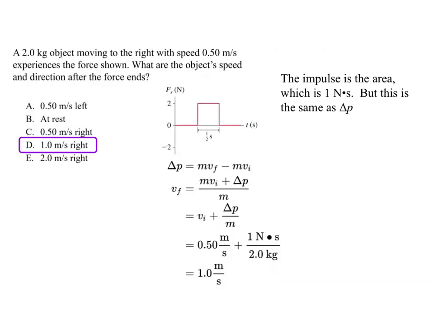To see that calculation a little bit neater, we continue here and we just do some algebra. We find out that it ends up at 1 meter per second, and because of the implicit plus, it's also to the right.